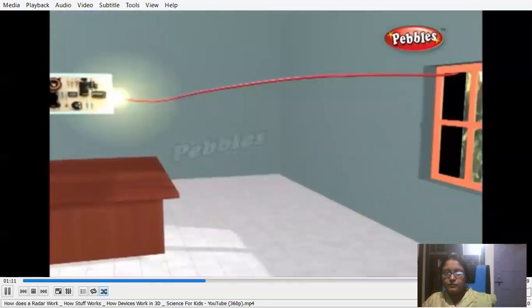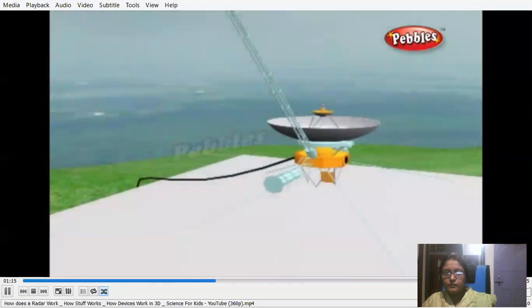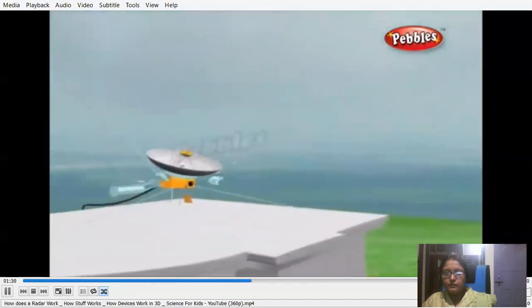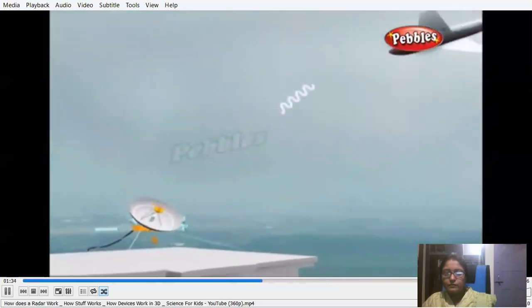Once the radio waves have been generated, an antenna working as a transmitter hurls them into space. The antenna is usually curved so it focuses the waves into a precise, narrow beam, but radar antennas also typically rotate so that they can detect movements over a large area. The radio waves travel outward from the antenna at the speed of light and keep going until they hit something.